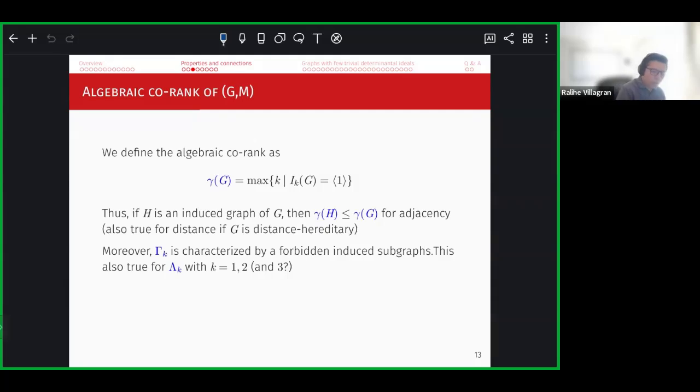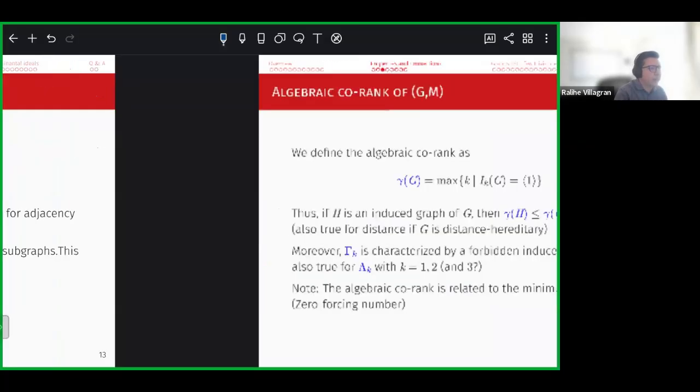It worked for 1 and 2, and I think it works for 3. That's work in progress. So a good question is for which k this doesn't work. And if it actually works for every k, why? How come? But actually, I think it breaks at some point. I'm going to talk more about that in a minute.